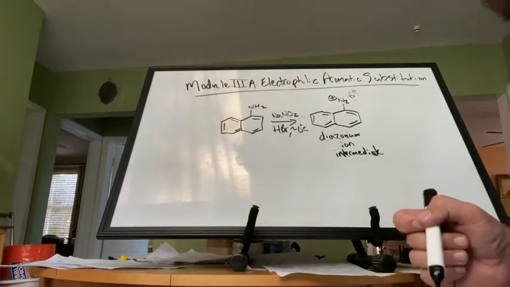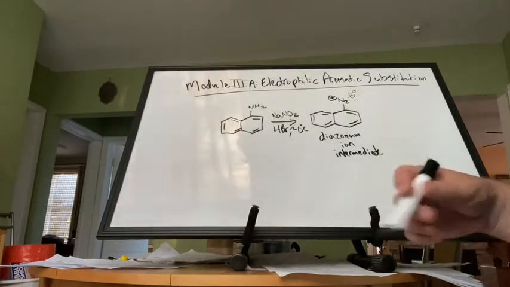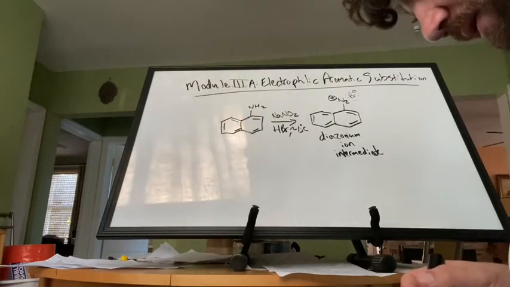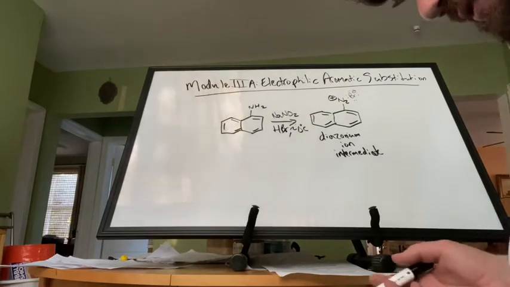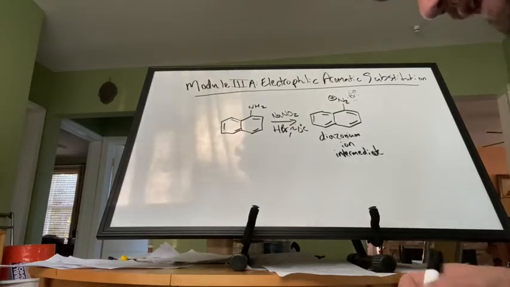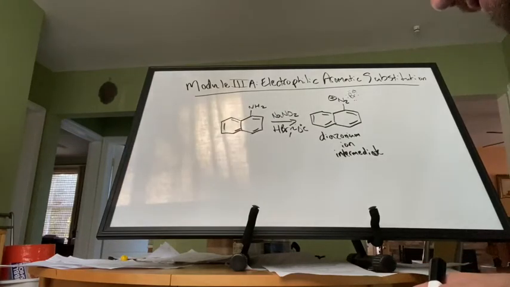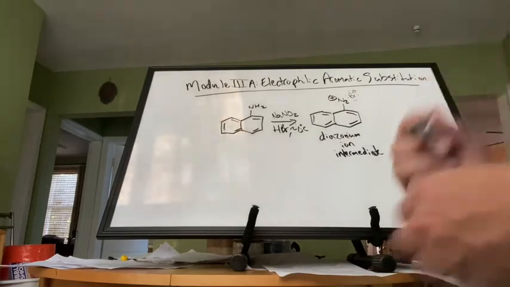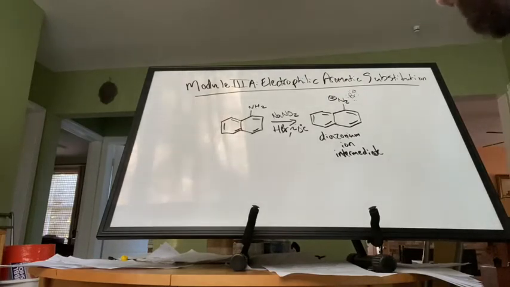KI is used instead of copper iodide. Okay, so KI is potassium iodide. And then you can use water as well as copper to catalyze that to put a hydroxyl group. Okay, or you could use something like H3PO2, which the name is hypophosphorous acid.